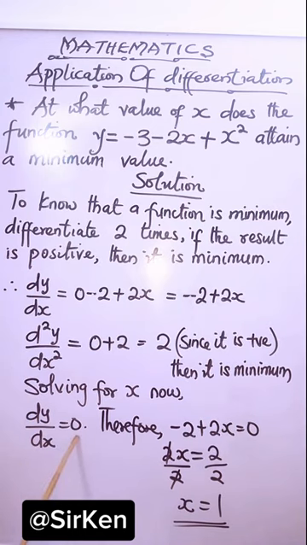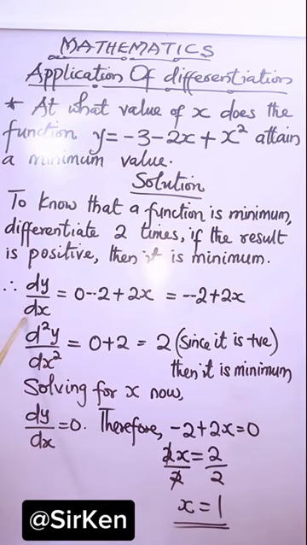Is it clear? And we have already solved dy/dx as minus 2 plus 2x. So you now say minus 2 plus 2x is equal to 0, where minus 2 plus 2x stands in for dy/dx.